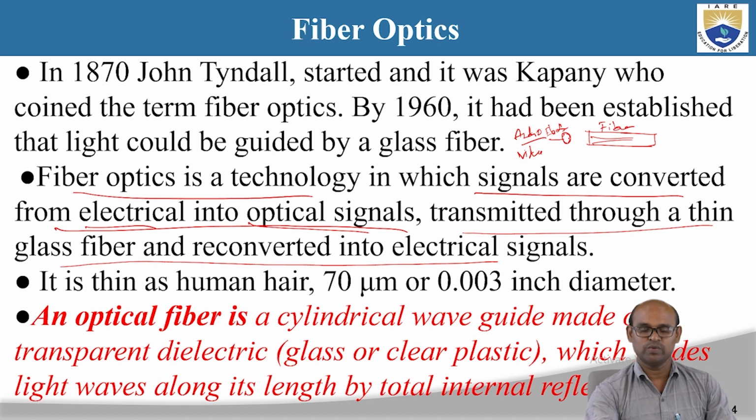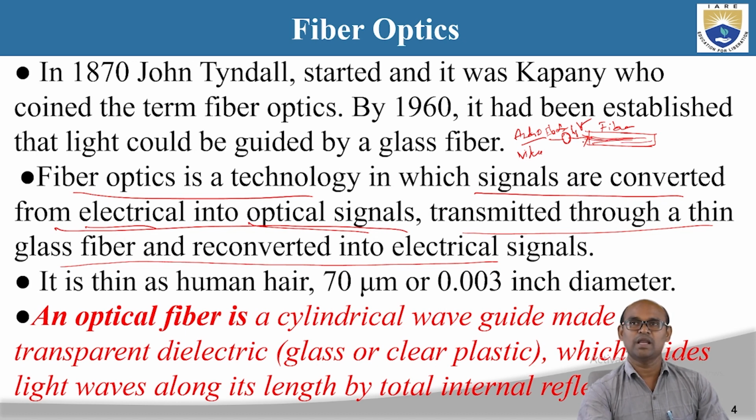Once we convert the signal from electrical to light, that signal is given as input to the optical fiber and propagated through it, and we receive the light signal as output. So the input is a light signal and the output is also a light signal.